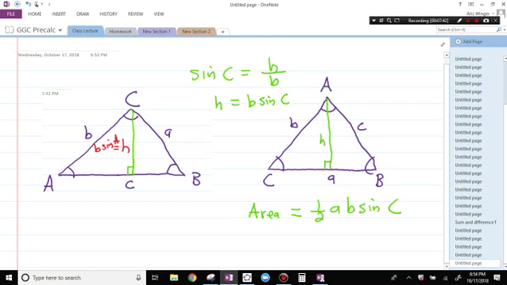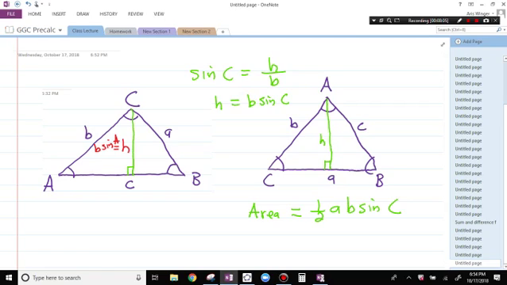So I hope we see the pattern: if you have two sides and the angle in between, then you can find the area. It's 1/2 AB sine of the angle. If you have an angle and the two sides that make the angle, then you can write the area.